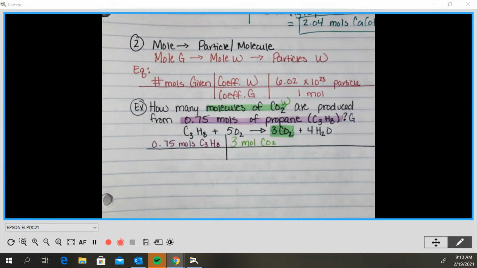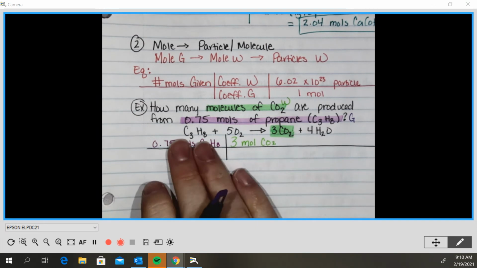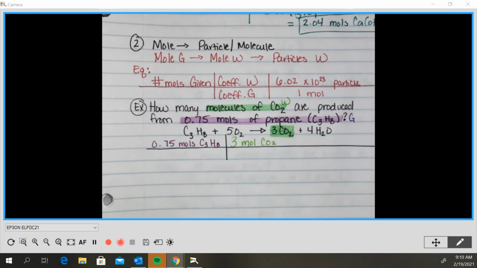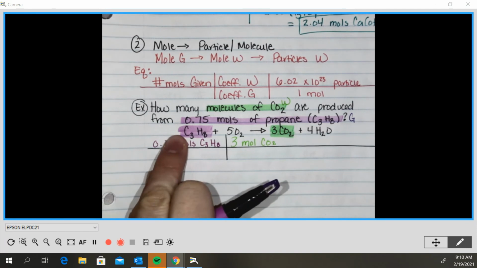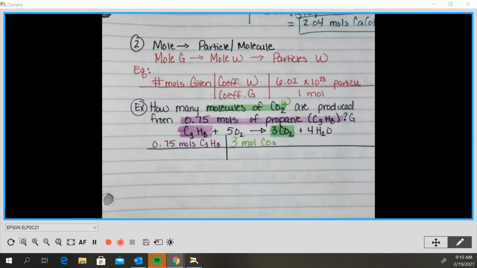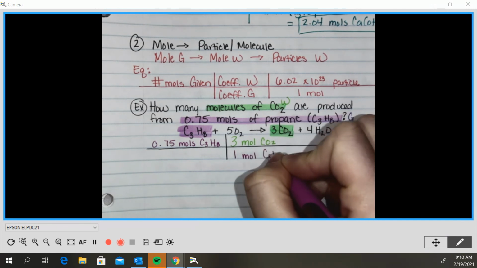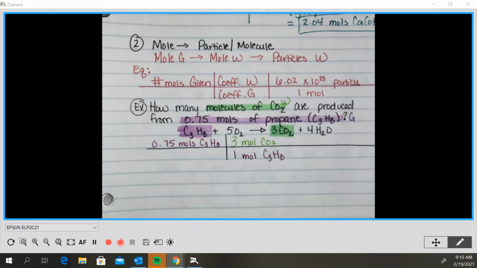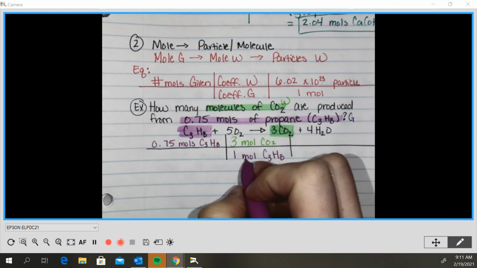Our given was propane, which is C3H8. So we have to find C3H8 in our balanced chemical equation. It's right here. There's no coefficient in front, so we are just going to assume that coefficient is 1. So we're going to have 1 mole of propane. With this setup, our moles of propane cancel out.